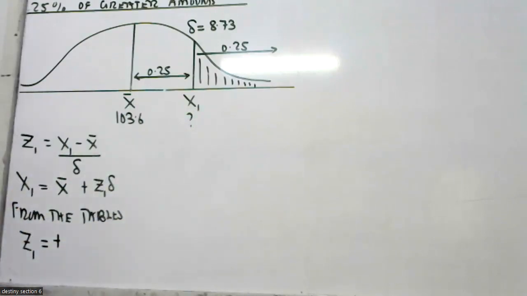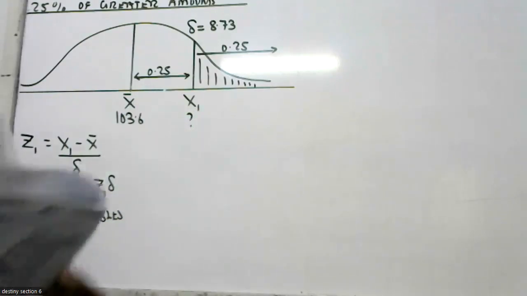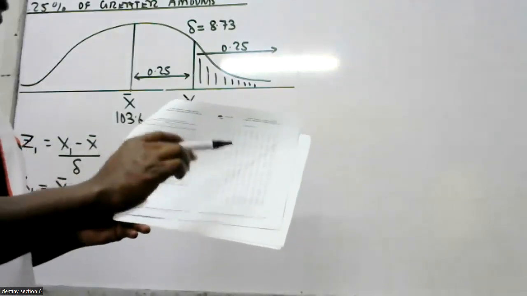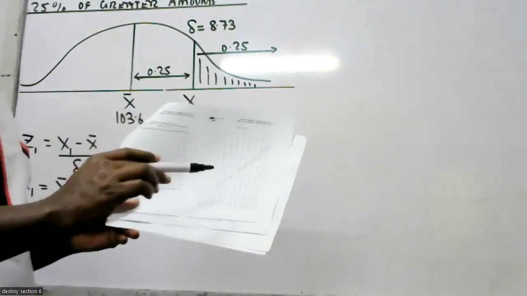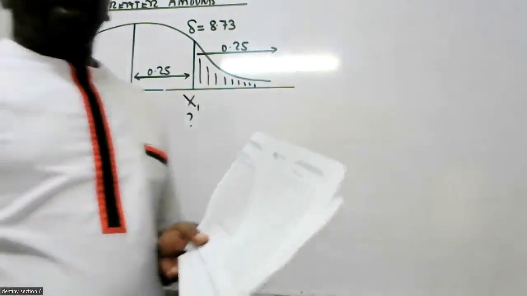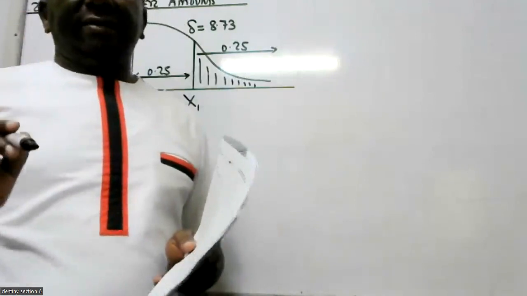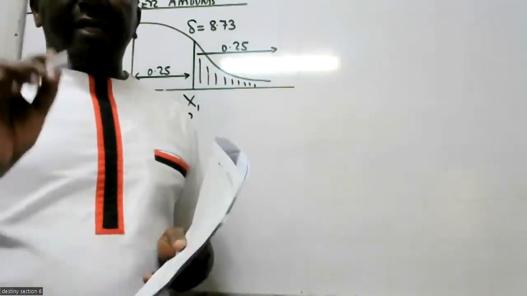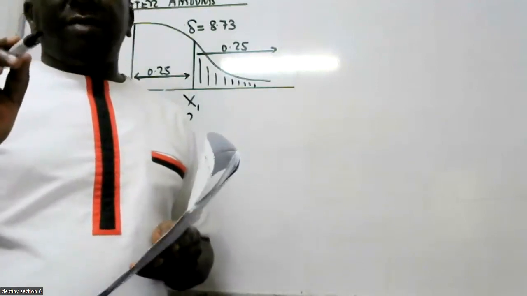So what you do, you get inside your tables where they will have 0.25. And when you're looking for it, you may get it exactly, or you may not. If you get it exactly, well and good, the best.